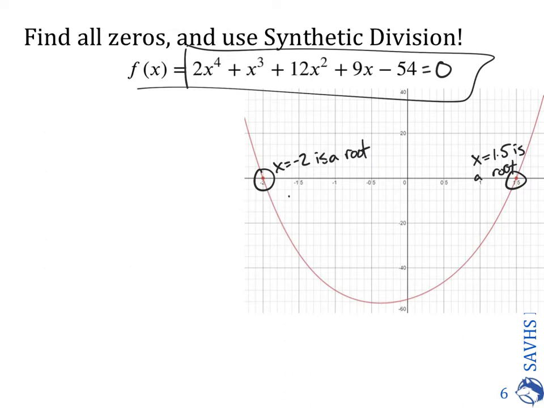Normally we would say, okay, so then x plus 2 is a factor, and we would say x minus 1.5 is a factor. But since I'm using synthetic division, I actually use the roots. So I'm going to use this value and this value when I put those in the corner of the synthetic division.